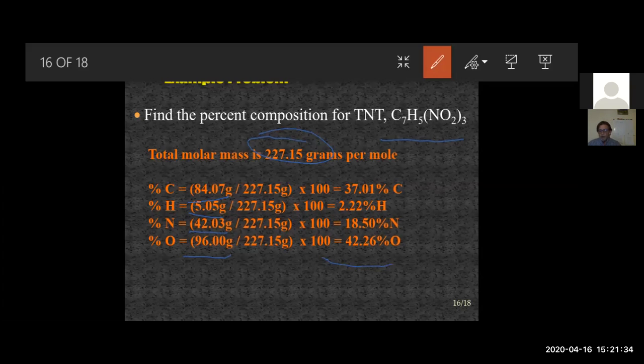Now, to check that your calculations are correct, all that should add up to be 100%.